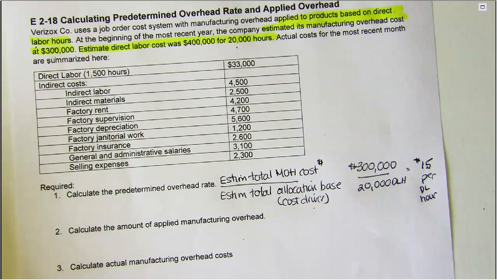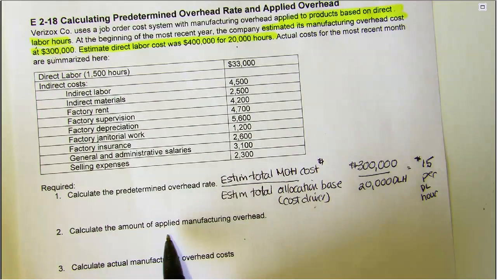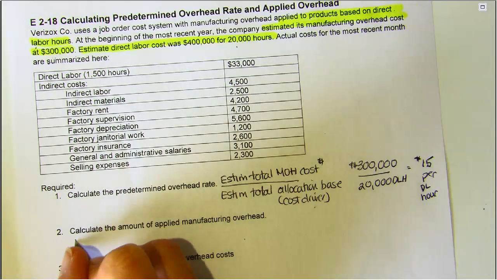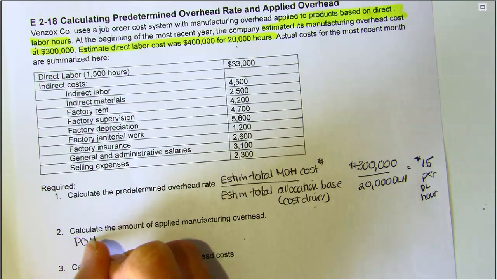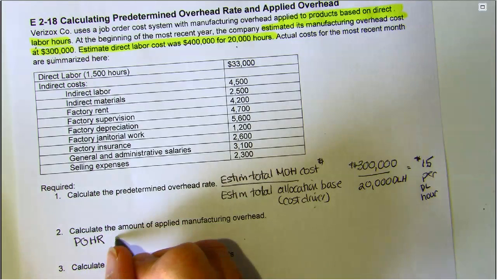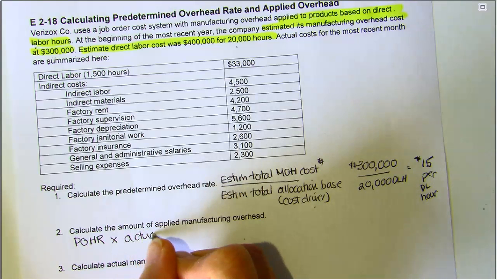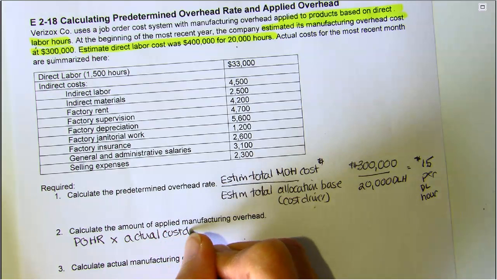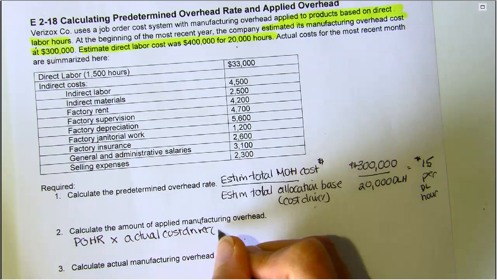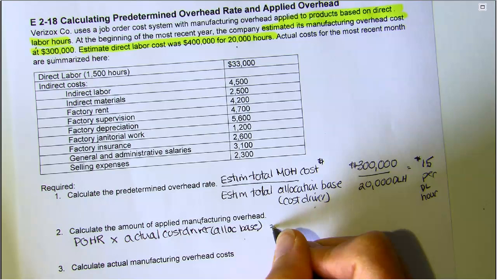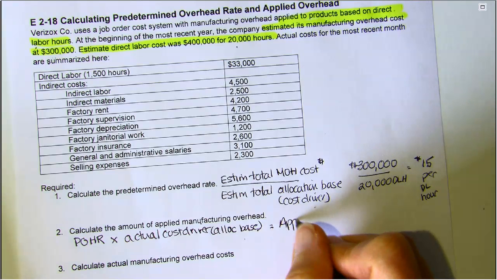Okay, so our next step is they want us to calculate the amount of applied manufacturing overhead. To figure that out, we're going to take the predetermined overhead rate, which I'm going to abbreviate POHR, times the actual cost driver, which would be the allocation base, and that will give us our applied overhead.